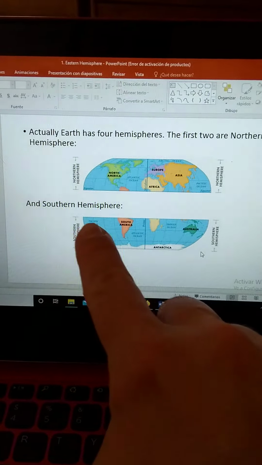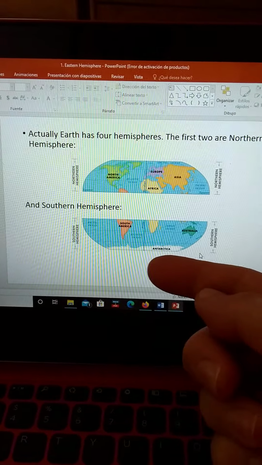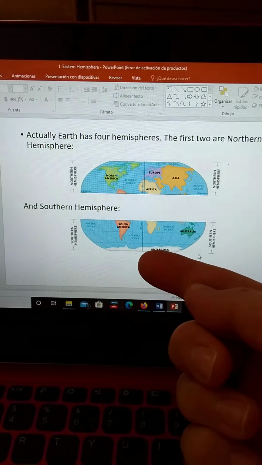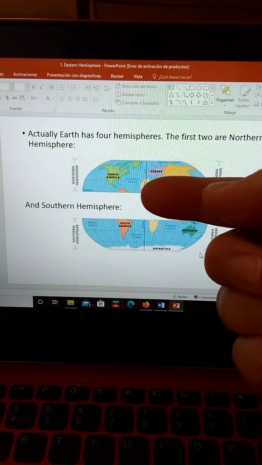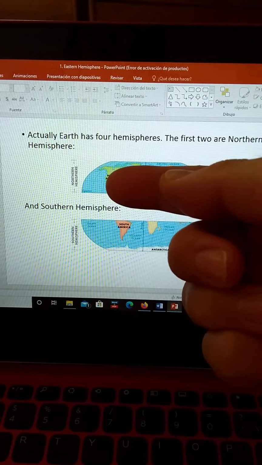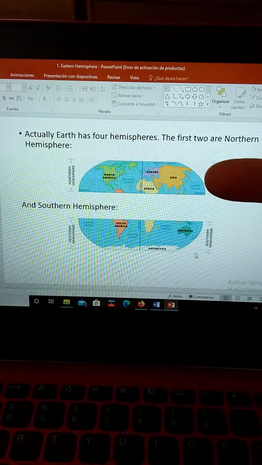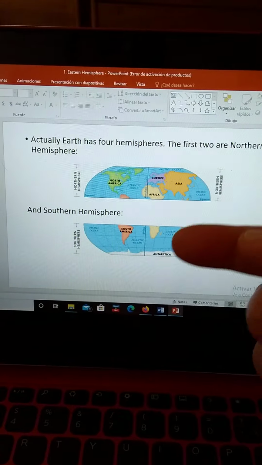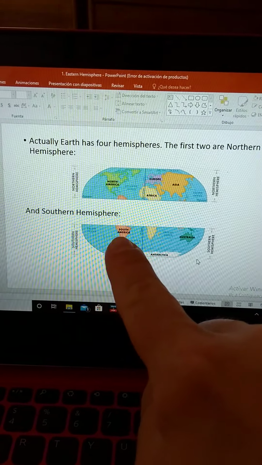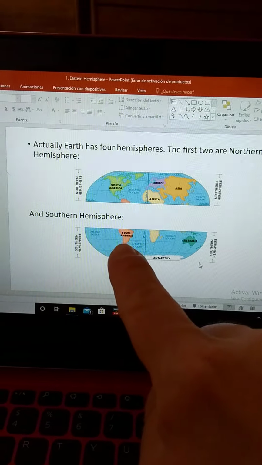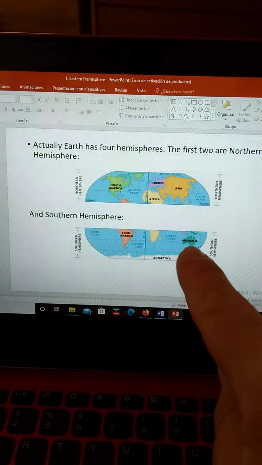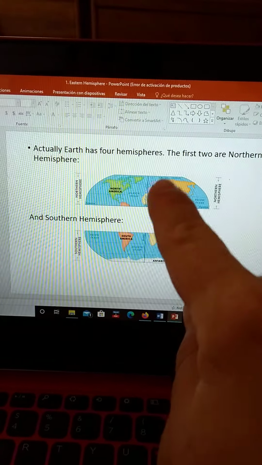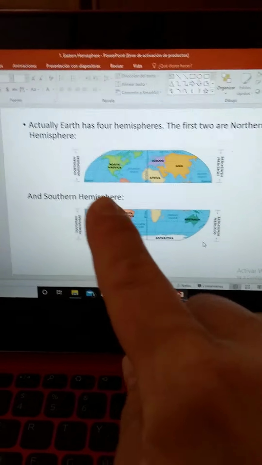And then in the south, you have the southern hemisphere and the South Pole, obviously. So you have North America, Mexico, Canada in the northern hemisphere, Asia, Europe, part of Africa, and in the southern hemisphere, you have the south part of America, part of Africa, Australia, and the respective poles.